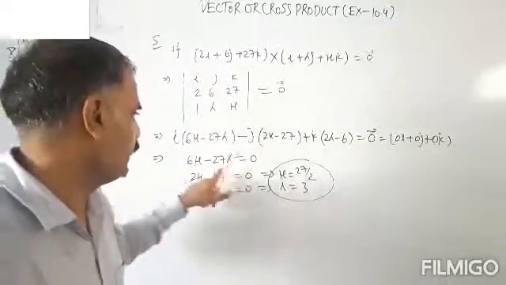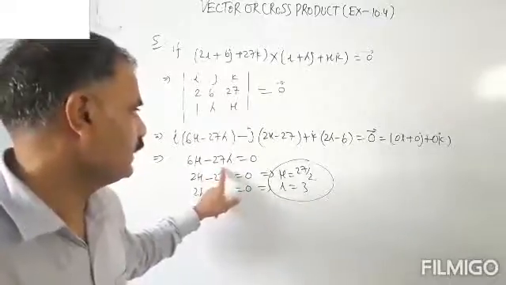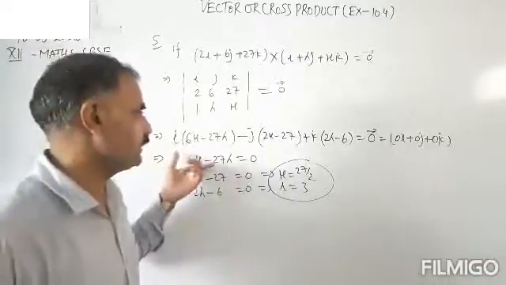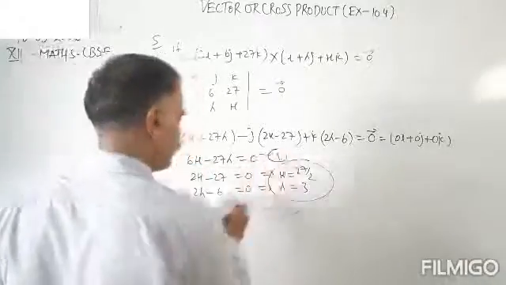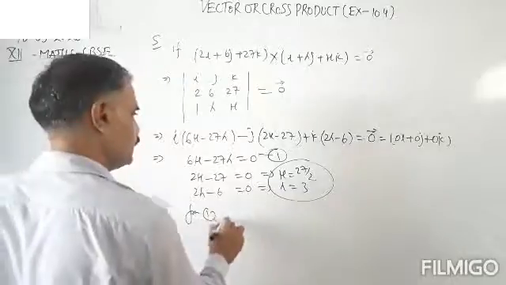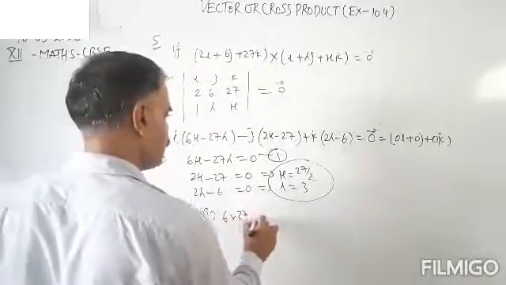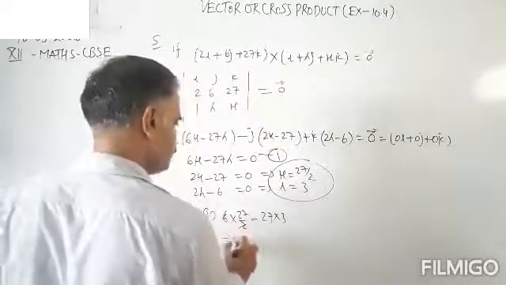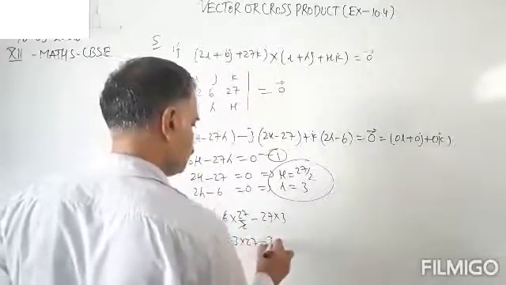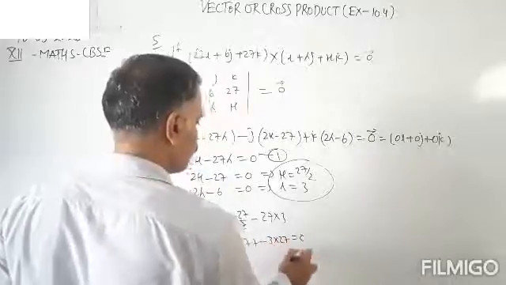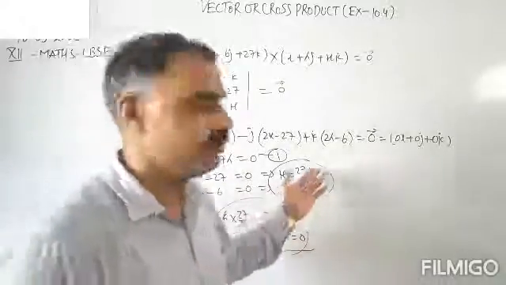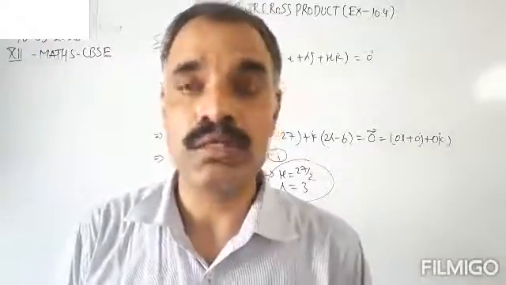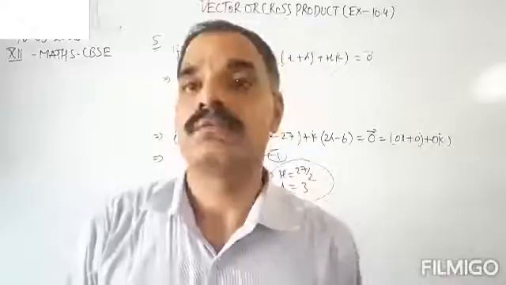We can put this here and calculate. This equation should be satisfied from the first: 6 into 27 by 2 minus 27 into 3, that is 3 into 27 minus 3 into 27 equals 0. So the values of lambda and mu are correct in this question.